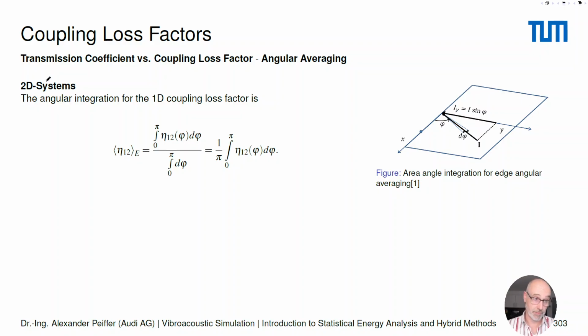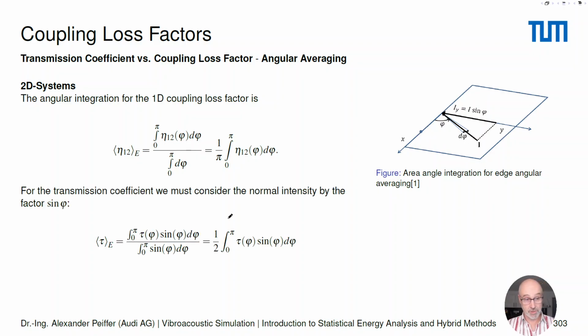So if we have a 2D system, we would have to average the coupling loss factor over the half circle that uses all possible angles. And this has to be averaged over the total angle area, and then this is the relationship for the two. This is the averaging procedure that you have to use for the coupling loss factor if we know the coupling loss factor for one specific angle.